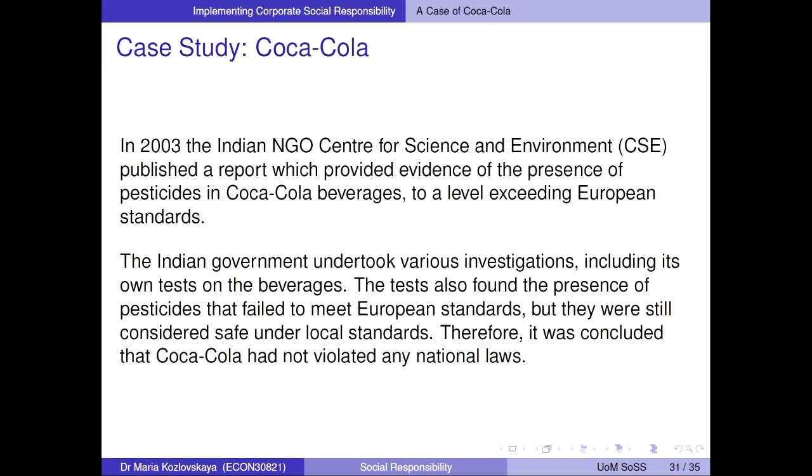So let's finish our lecture with a case study of Coca-Cola, which got some very, very bad press about 15 years ago, when a non-governmental organization called Center for Science and Environment discovered that in the beverages it sells in India, it has a very high level of pesticides, exceeding European standards.